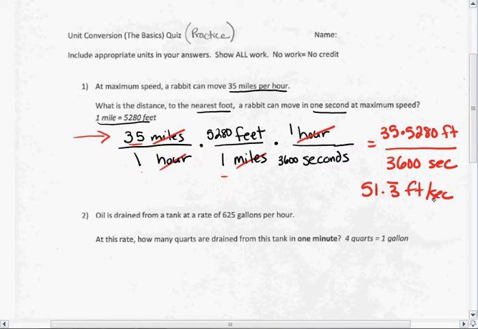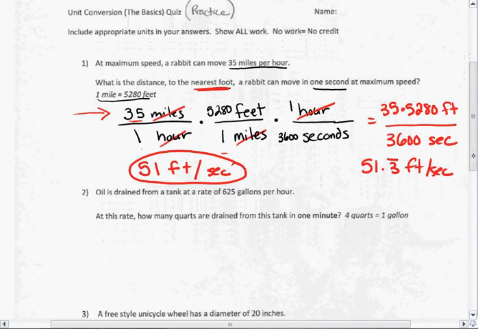Now I'll go back into the problem and see where I'm supposed to round to, if at all. And it says to the nearest foot. So I'm going to round my answer to 51 feet per second. And there's my answer.